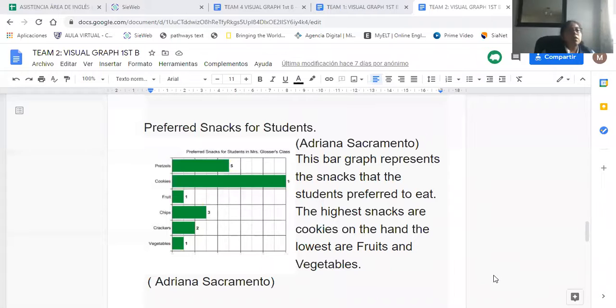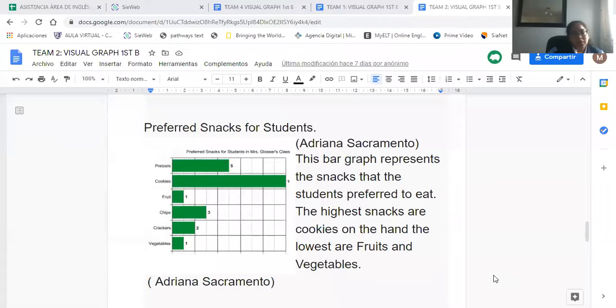In the bar graph, you can see that 5% of people prefer to eat bracelets. 3% prefer to eat chips. 2% prefer to eat crackers. And lastly, most people prefer cookies, and fewer people want to eat fruits and vegetables.